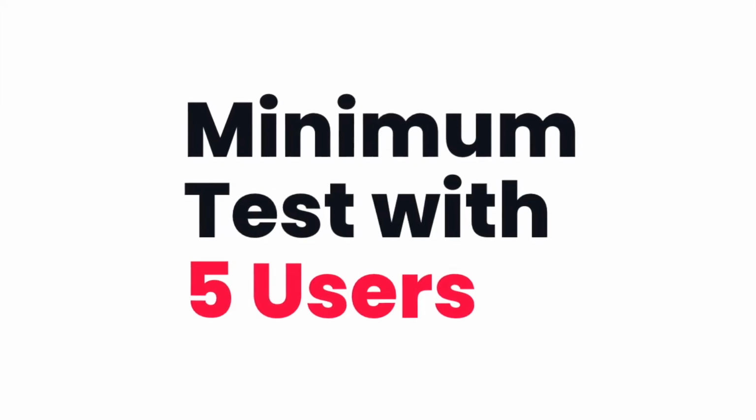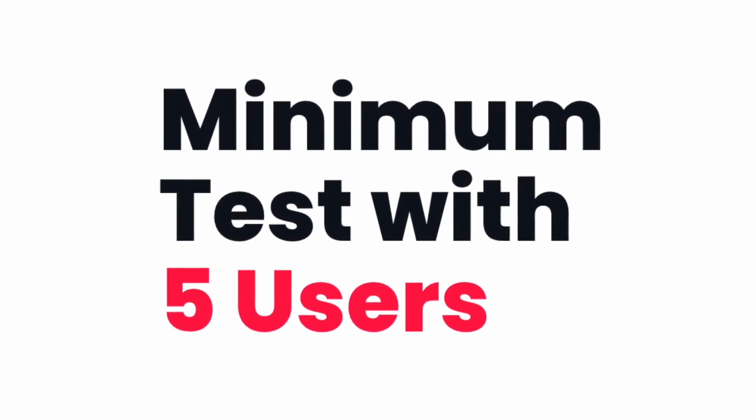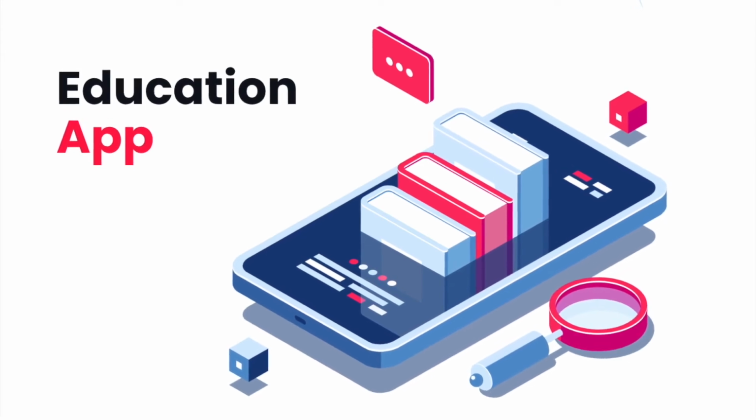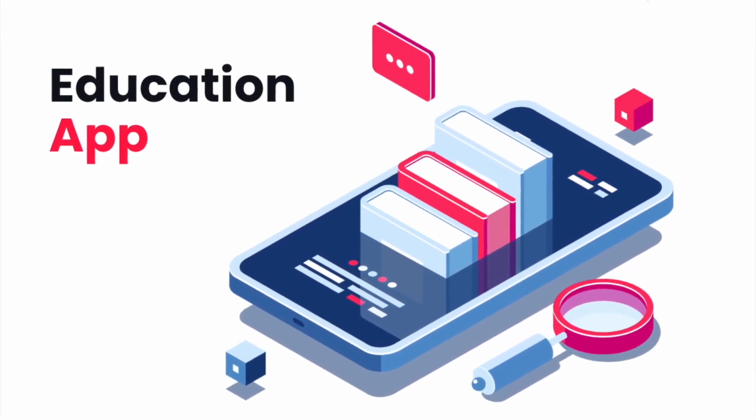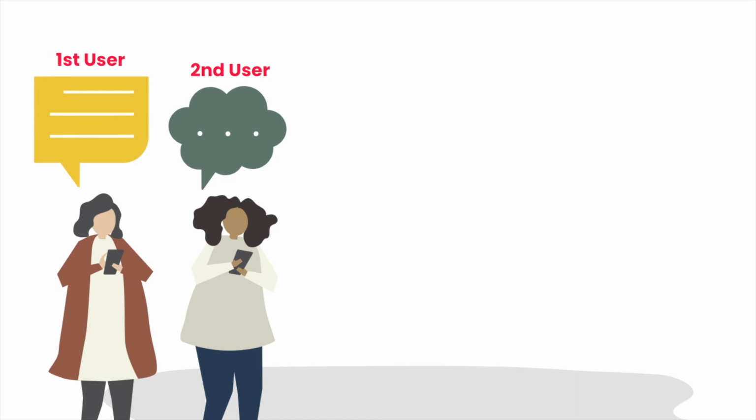Minimum test with 5 users. We must always test our product with a minimum of 5 users. For example, I have created an education app and I tested it with one user for its usability testing. That user gave me a lot of interesting feedback. Then I tested the same app with a second user. The other user gave me some similar feedback but some things were different.